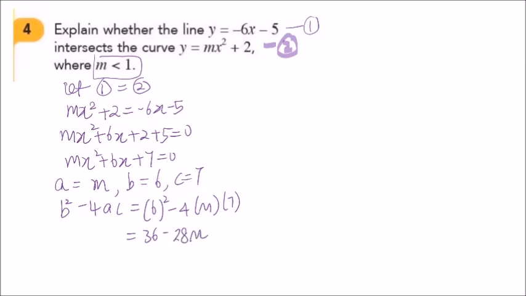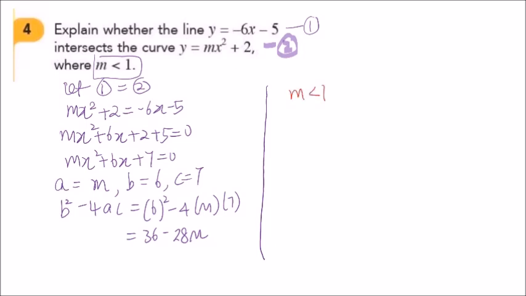Alright, so what we're getting here is 36 minus 28m, and you can't actually make any kind of further conclusions from this 36 minus 28m. However, we mentioned earlier that if the information is a definite one, you can make use of it, and the definite information given to you is m is less than 1.